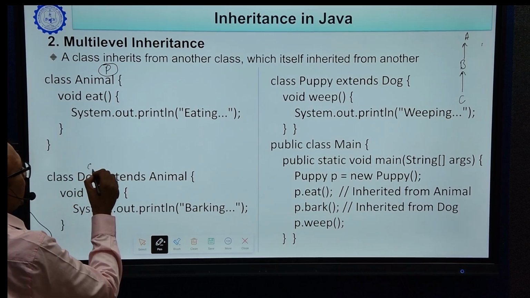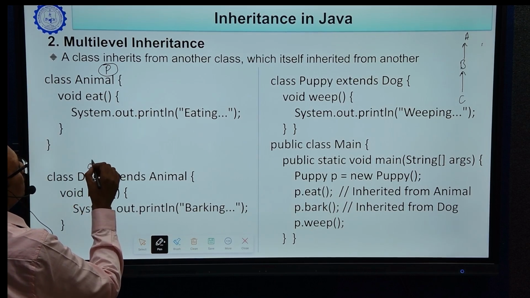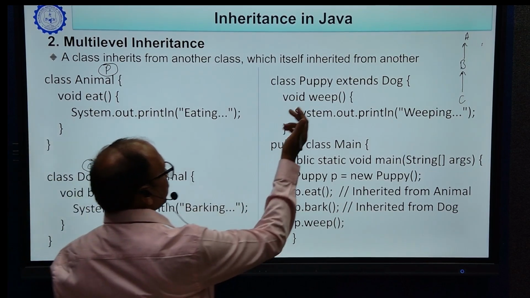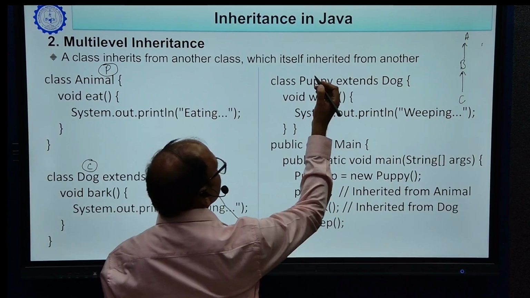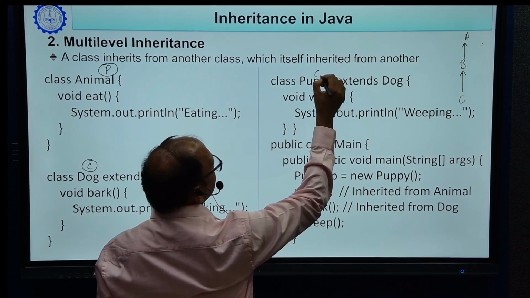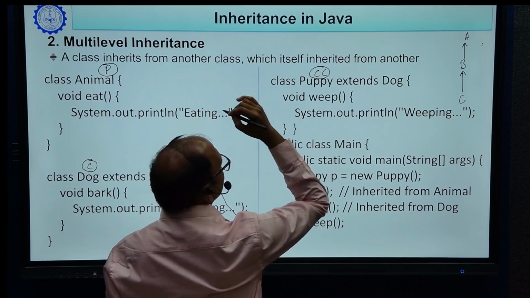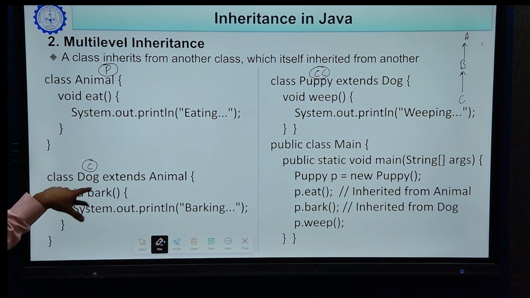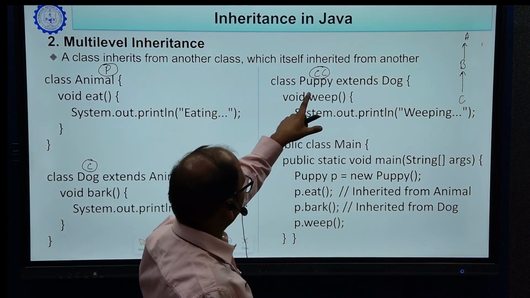And the third one is the puppy. This puppy class extends the child class, so you can say this is the child of child, right? Parent class animal, child of parent is dog, and child of dog is the puppy.